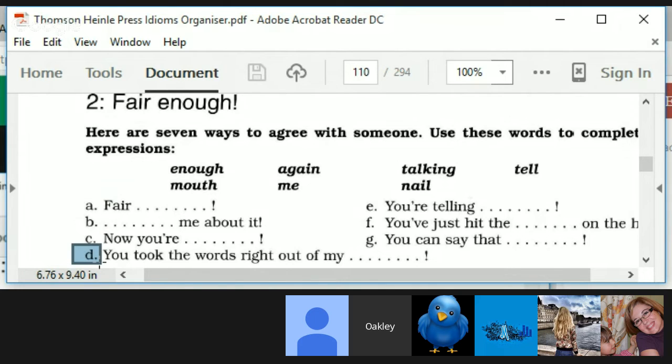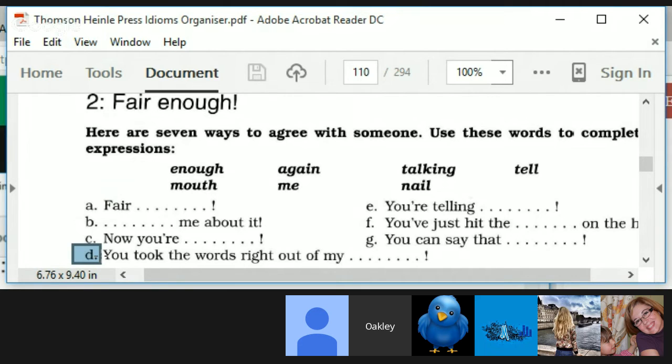We can say now you're talking when somebody just brings up a suggestion. You know, I think we should all go on a road trip. I think we should all jump in the car and drive to Las Vegas right now. Somebody might reply, now you're talking. There never was an argument. You're just excited about the idea.